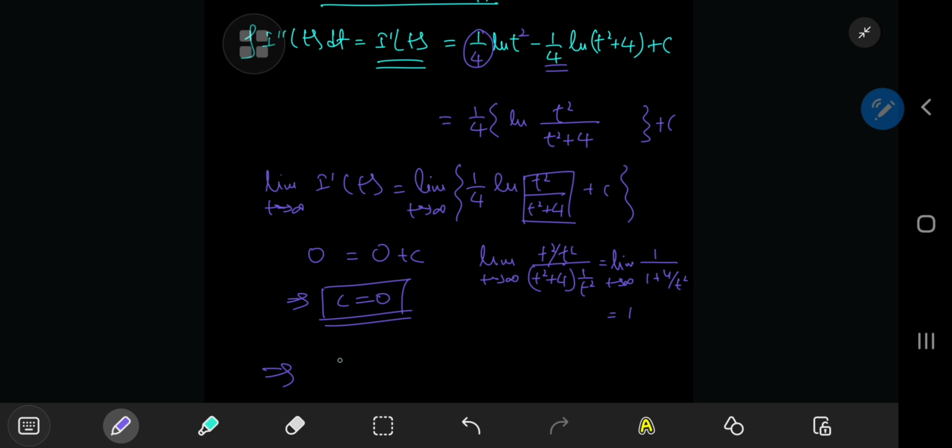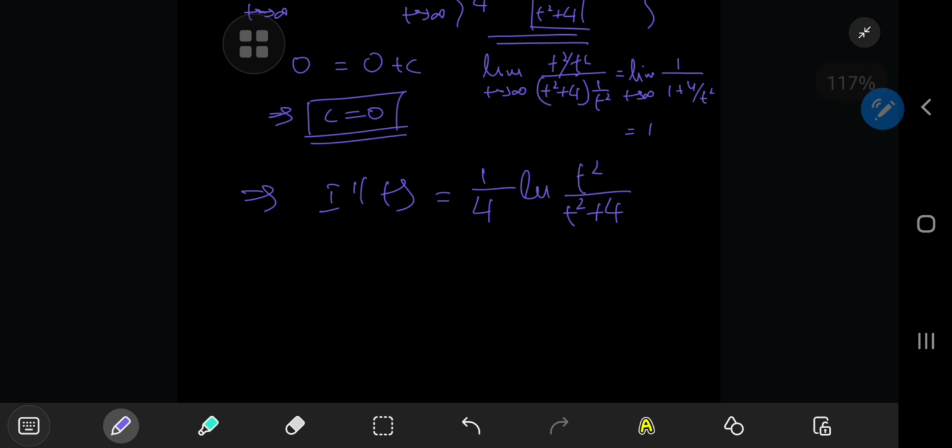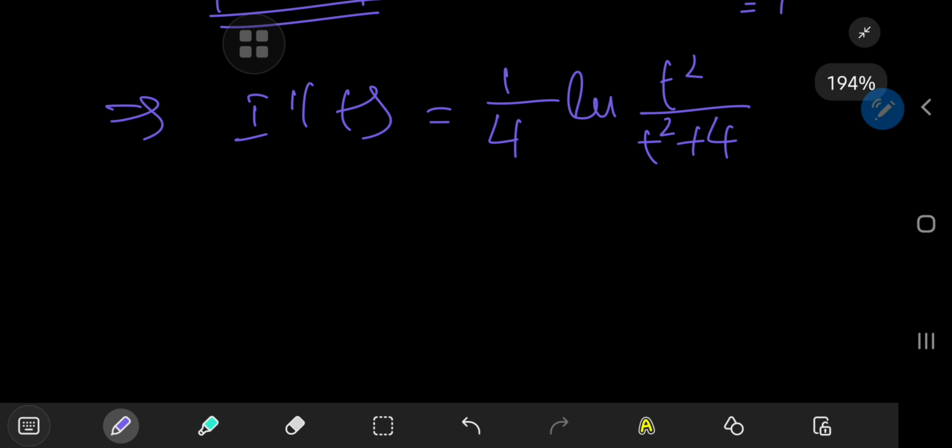So this implies that the first derivative of I with respect to t equals 1/4 of the logarithm of t squared divided by t squared plus 4, where I've retained this really nice structure here. And the constant of integration was 0, so yeah, we're home free. Next up, I plan to recover the integral function I of t, and that means I have to integrate again with respect to the parameter t.